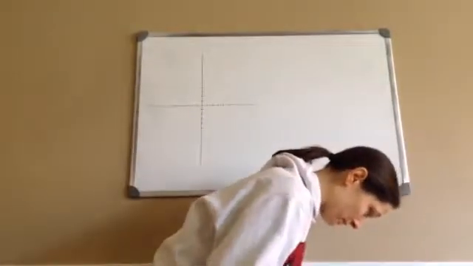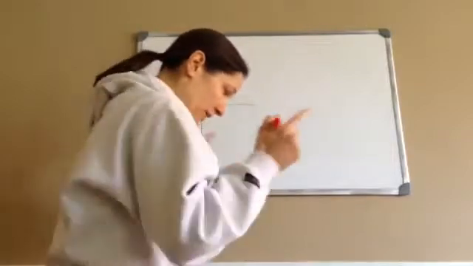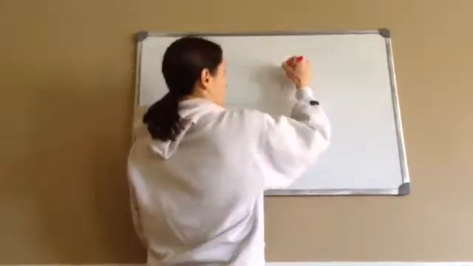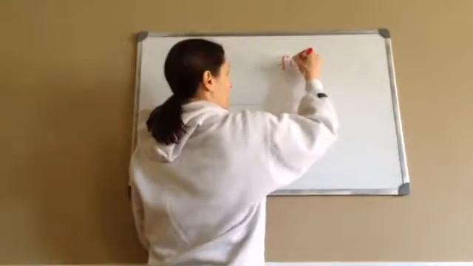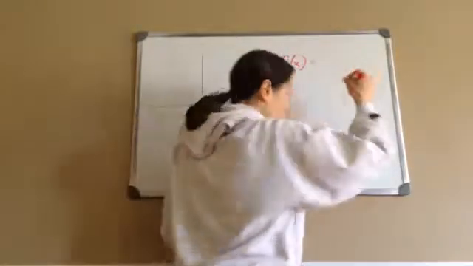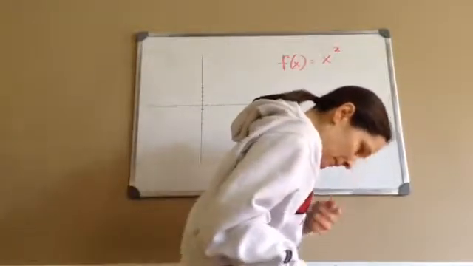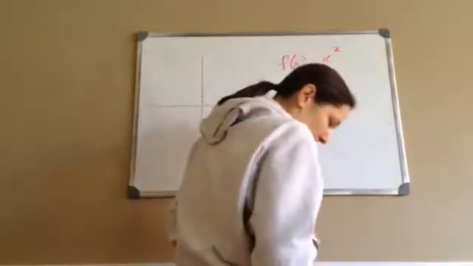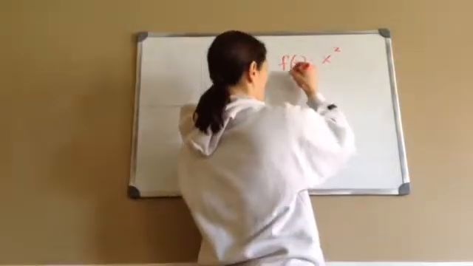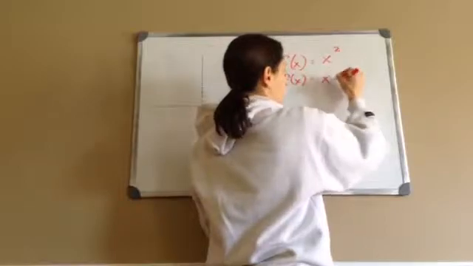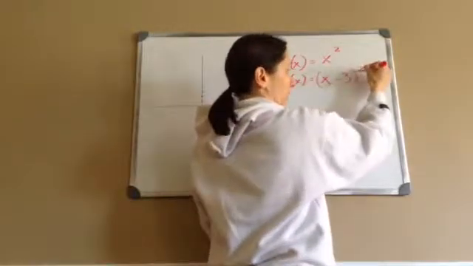For example, here's what they draw. They tell me f of x equals x squared, okay? Another one that they would do would be f of x equals x minus 3 squared.